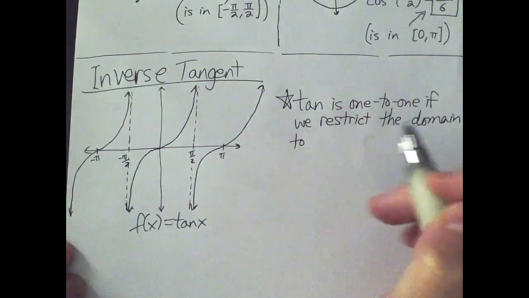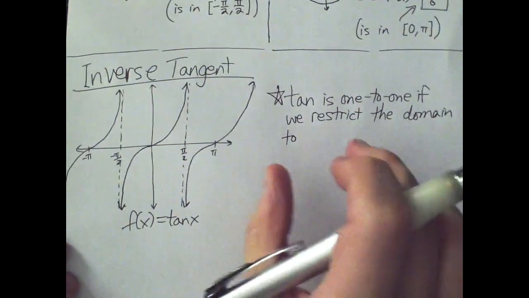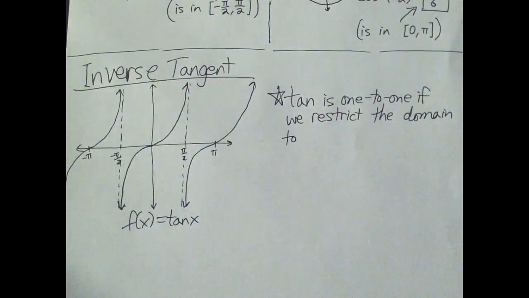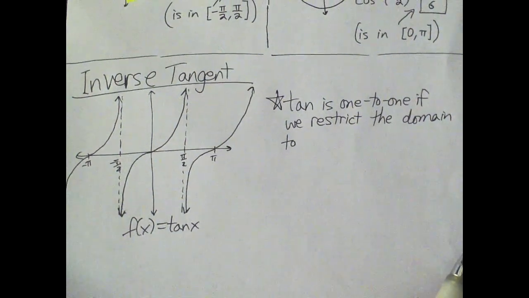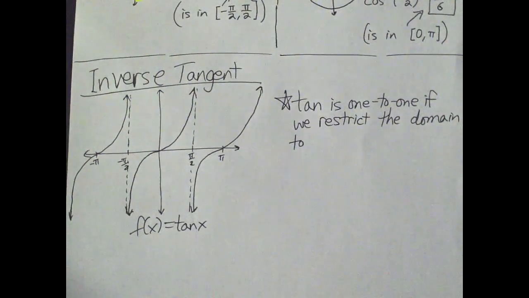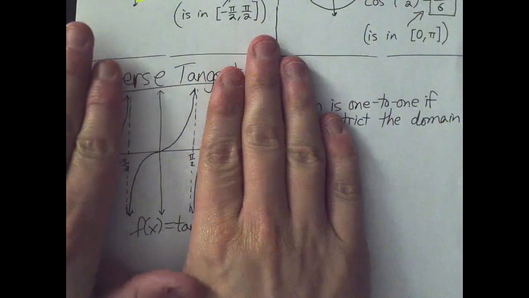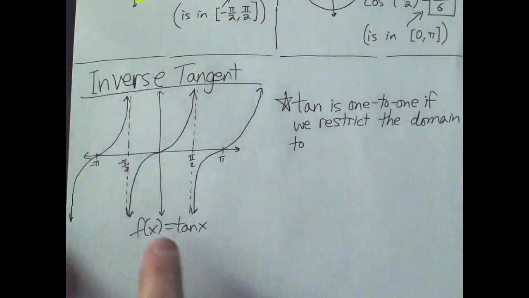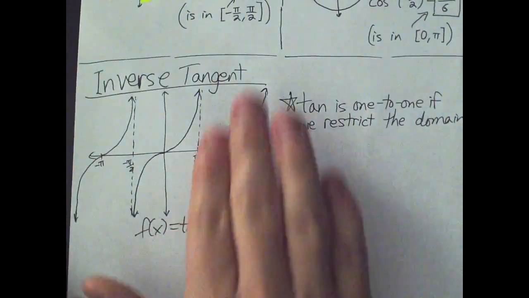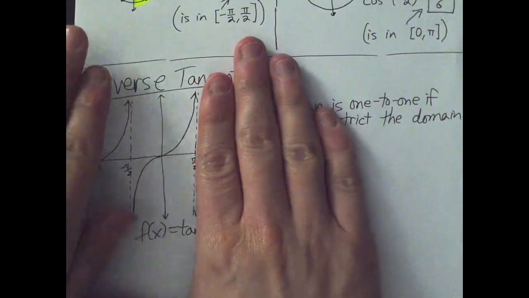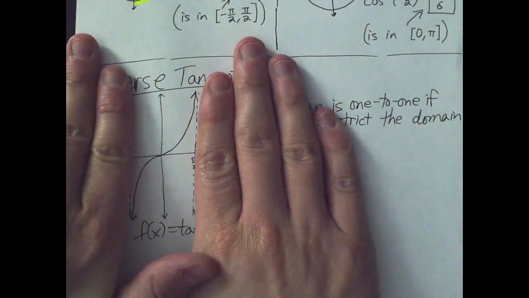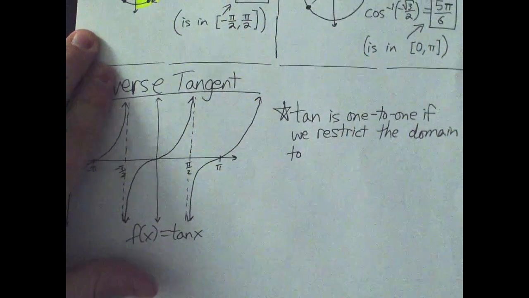So I'd like you to think, what do you think is the most appropriate interval that we could do here? How about if we just get rid of this copy and get rid of this copy? What if we just had this middle area, right? So cut it off after the asymptote and cut it off before the asymptote and just have the middle piece.